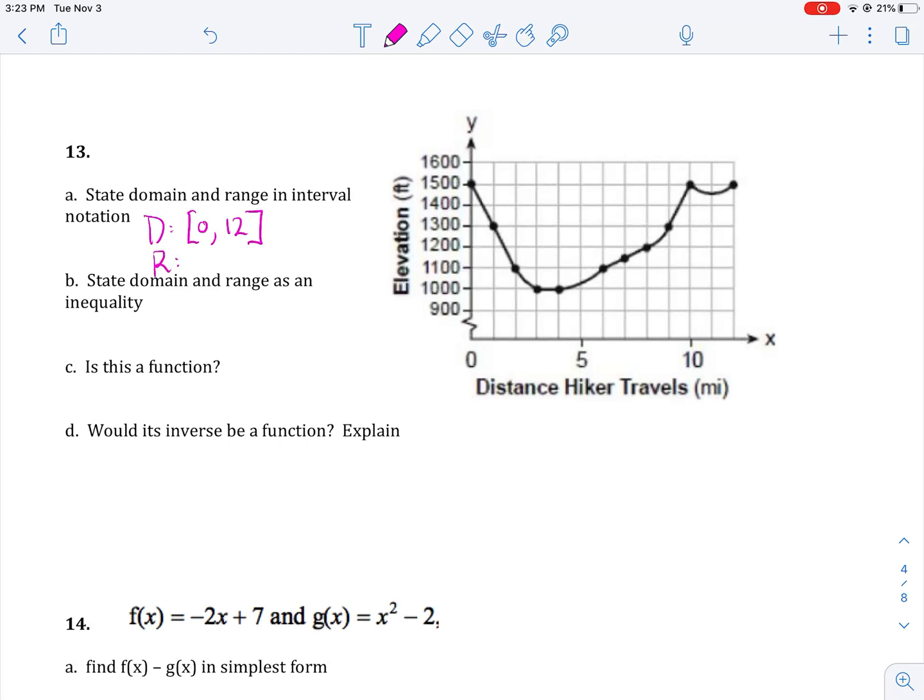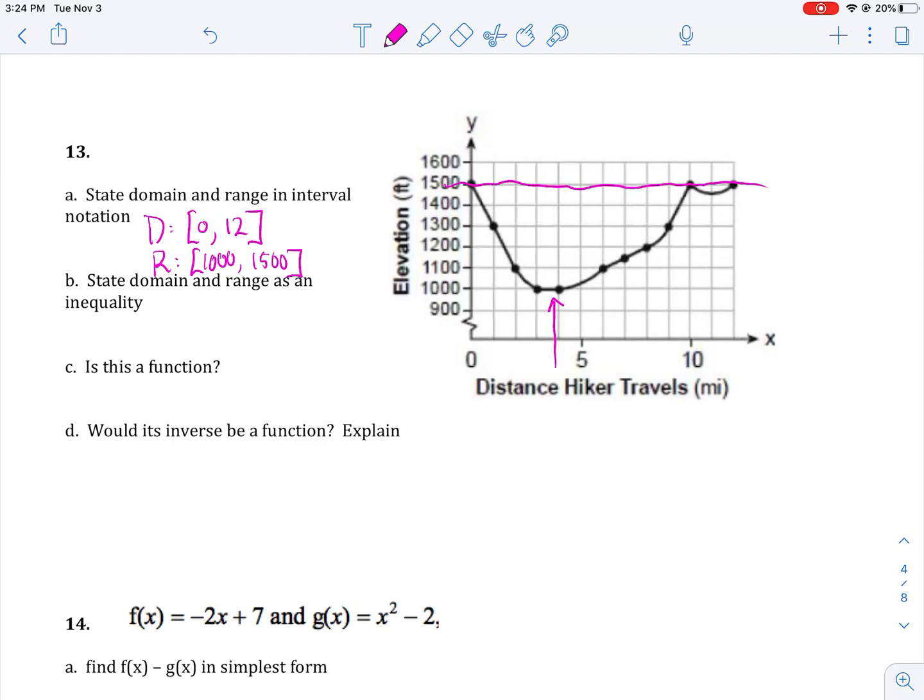And then our range looks like we go from the bottom up. The first y value we hit is 1,000, and then our last y value we hit is on this line right here. So it looks like it's 1,500. And again, that goes in both brackets because we want to include those values.